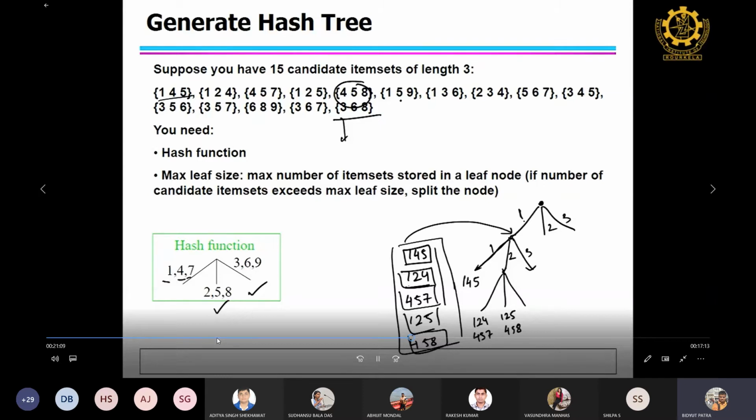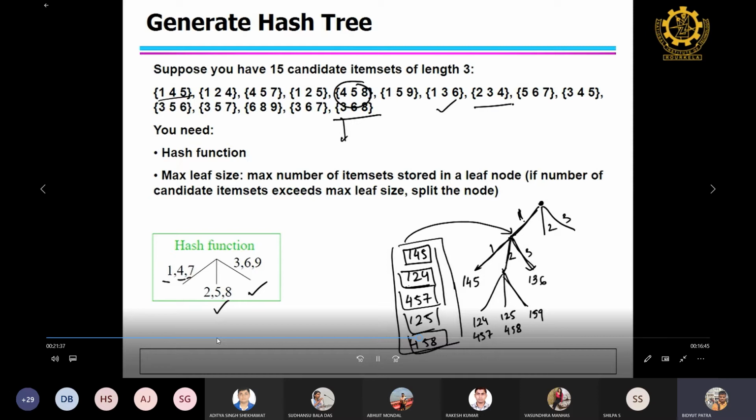What is next? 1 5 9. 1 5 9 means this is 1, then 5 means again here, and 9 means right side. So here we should write 1 5 9. Next 136. 1 means here, then 3 is here, and there is no node, so we write 136.